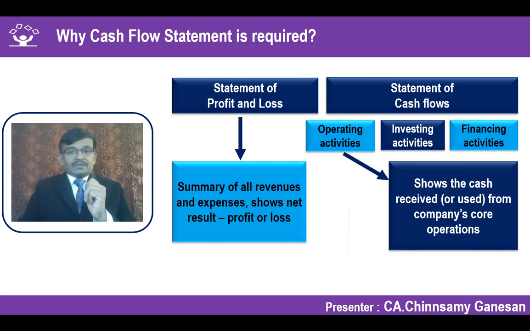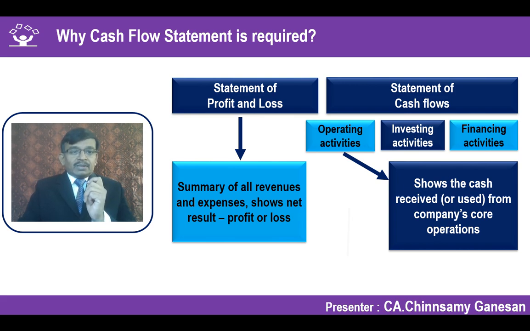Let's take a case where the cash flows generated from the activities which are operating in nature of the entity show the cash received or cash used in the company's core operational activities.